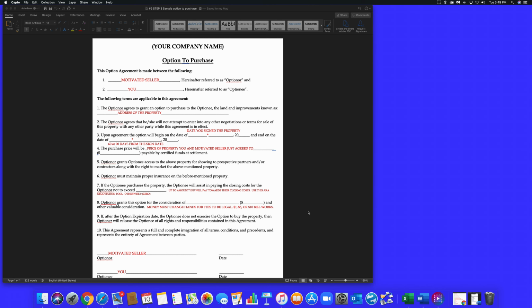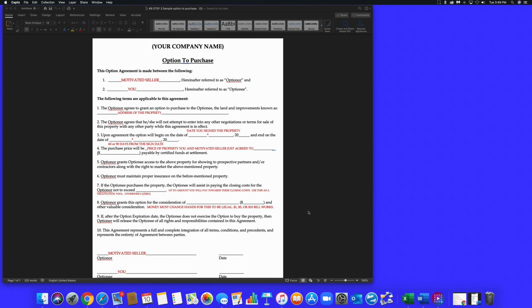If you sign this contract and it burns down, you don't want any question that you're any part of it. So they need to carry insurance. If they decide that they don't want to, or they haven't, or they're not going to, and they refuse to carry insurance on that property, that is at their risk, not yours. So you can put a note on there if you would like that the seller does not have insurance on the property or has opted not to carry insurance on the property.